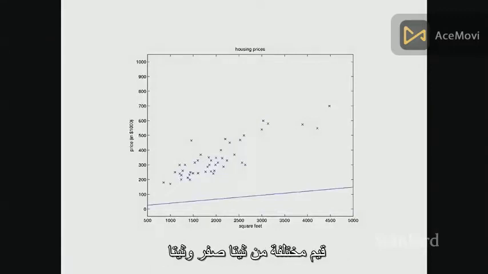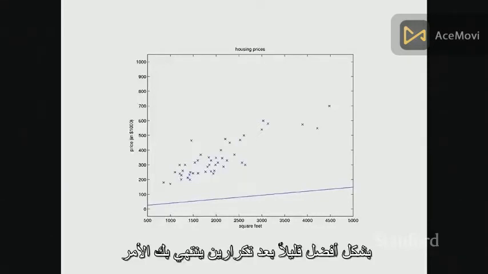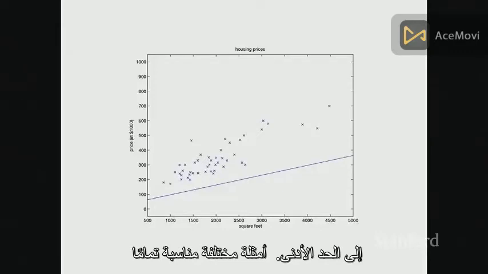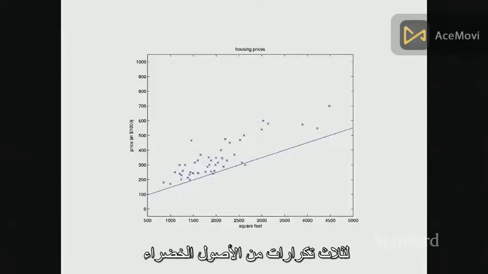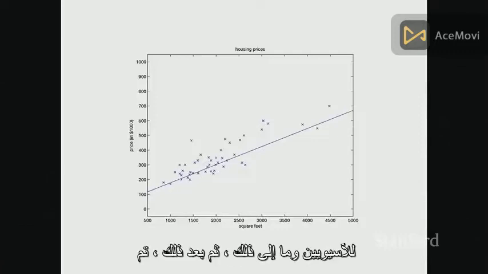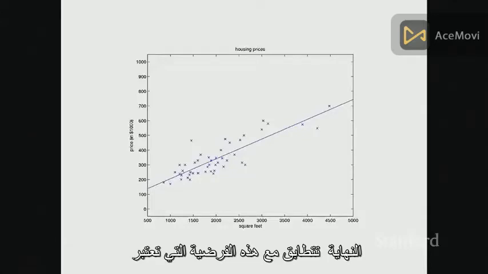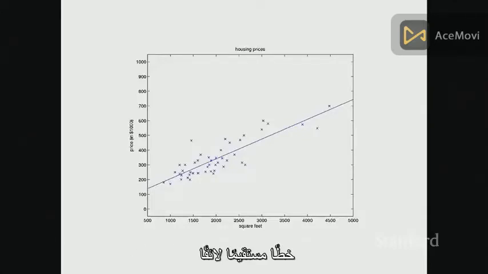You now have different values of theta 0 and theta 1 that fit the data a little bit better. After two iterations, you end up with that hypothesis. And with each iteration of gradient descent, it's trying to minimize J of theta. It's trying to minimize 1/2 of the sum of squared errors of the hypothesis predictions on the different examples. Right? With 3 iterations of gradient descent, 4 iterations, and so on. And then a bunch more iterations, and eventually it converges to that hypothesis, which is a pretty decent straight line fit to the data.